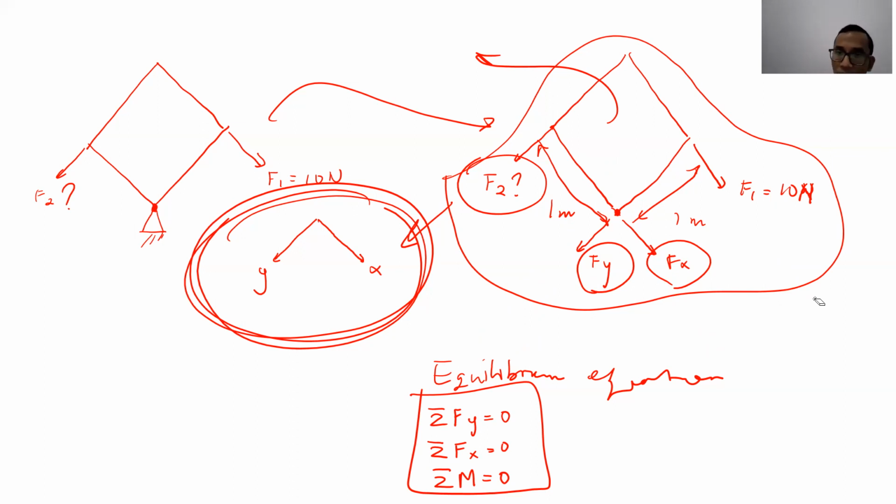So we have 3 unknowns. Actually, it's better for us to not name them Fx, Fy. If the name of the joint is A, I will name them Ax and Ay.